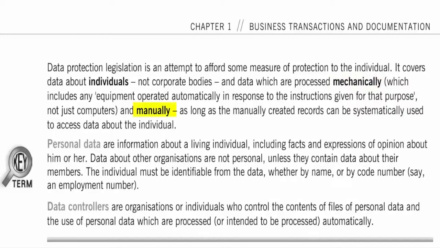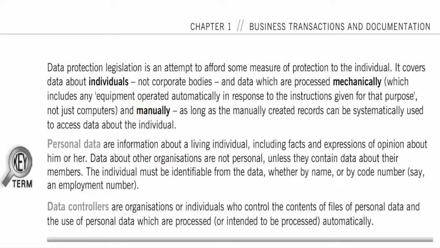The legislation also applies to manually created records, like paper files or ledgers, as long as these can be systematically organized to access individual information. For instance, if a healthcare provider uses a filing cabinet with organized medical records for each patient, they must secure this information to comply with data protection standards.